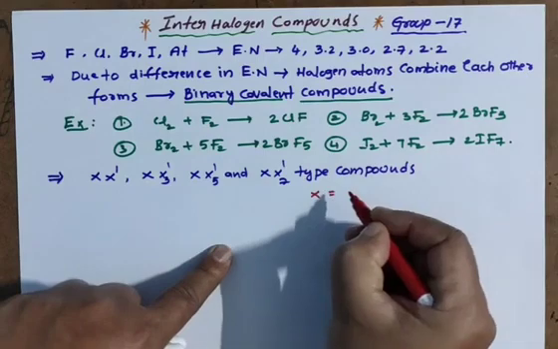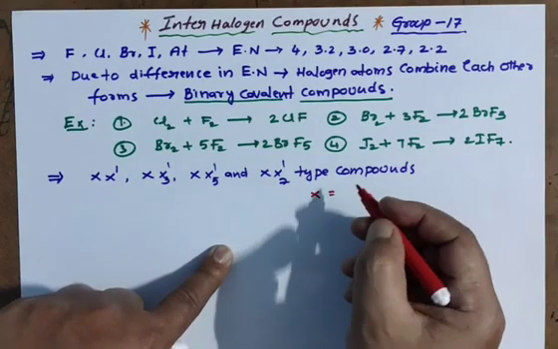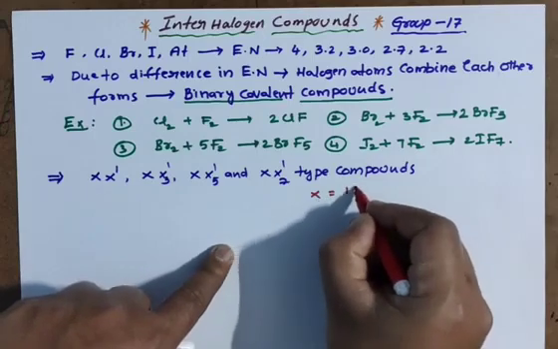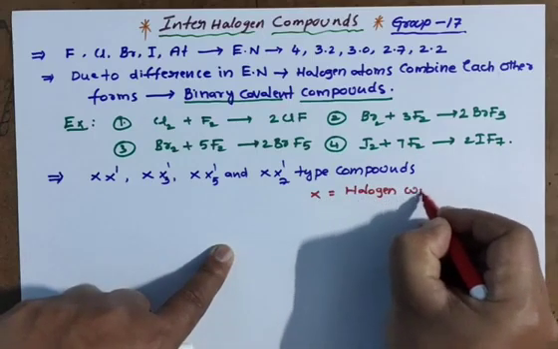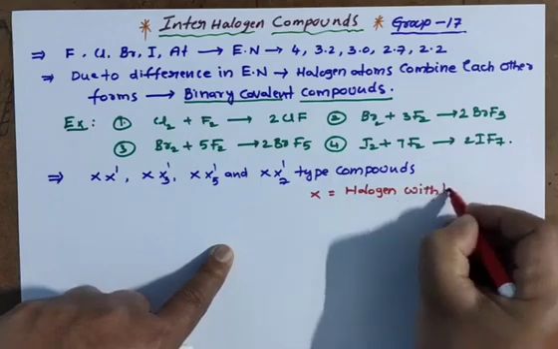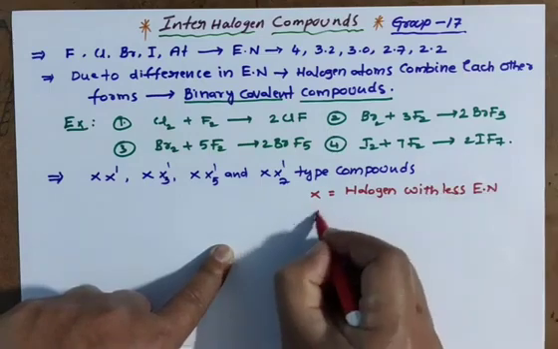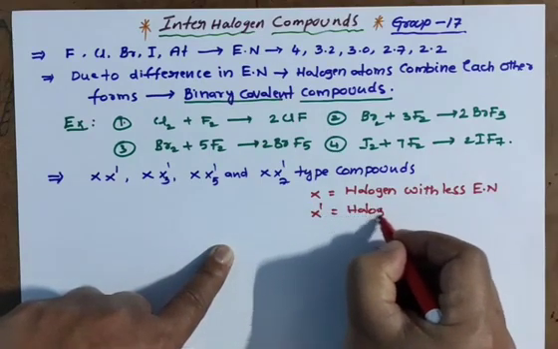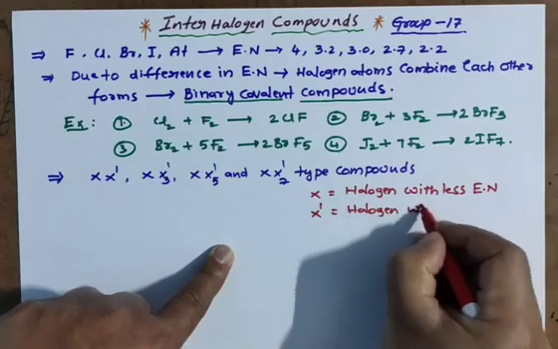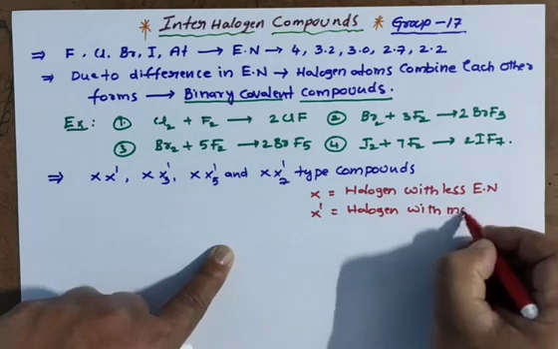X is the halogen with less electronegativity. X' is the halogen with more electronegativity.